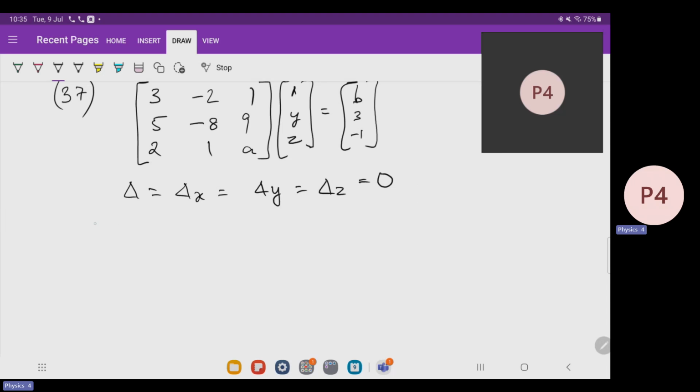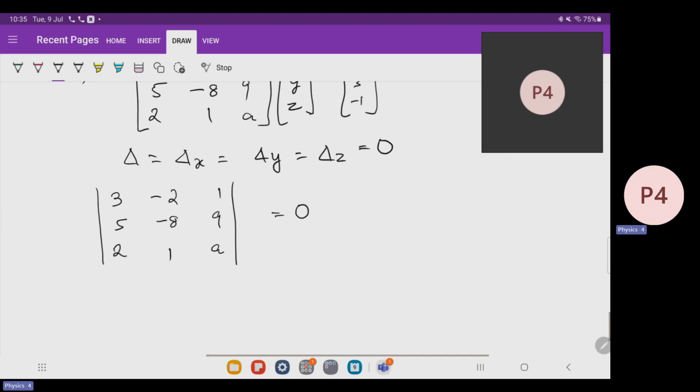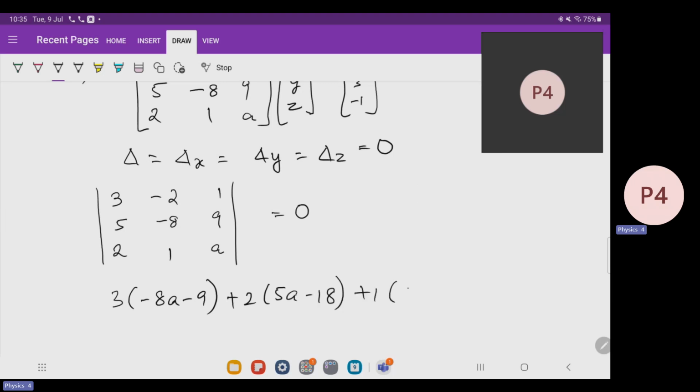So let us take delta first. So we have the determinant 3, 5, 2; -2, -8, 1; 1, 9, A. This will be equal to 0. So this is 3 times (-8A - 9) plus 2 times (5A - 18) plus 1 times (5 + 16).